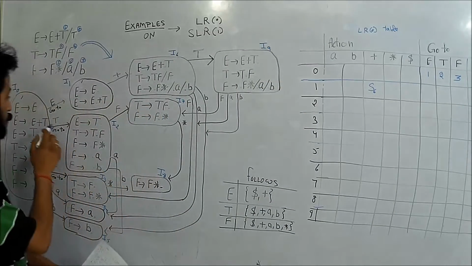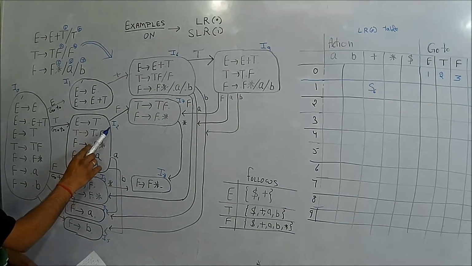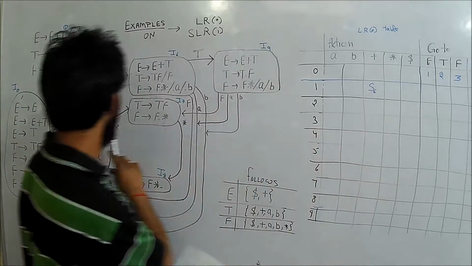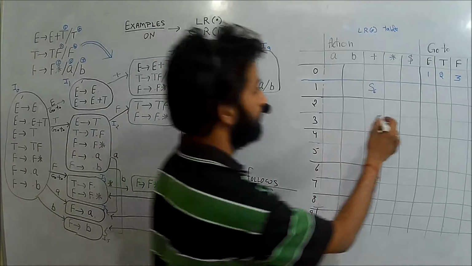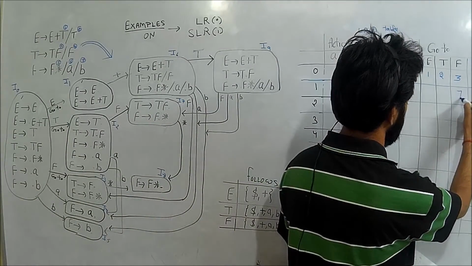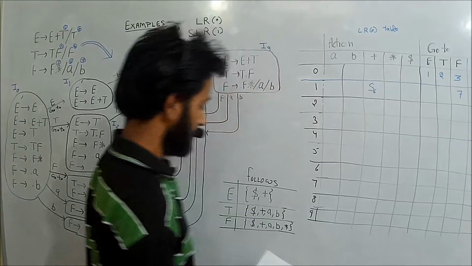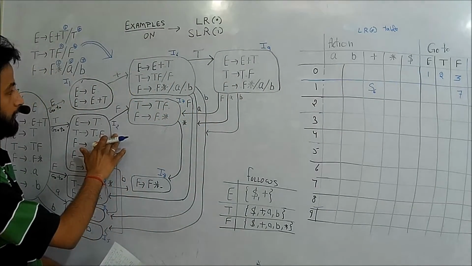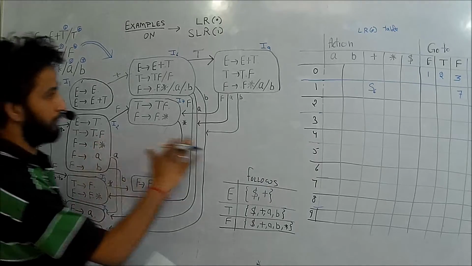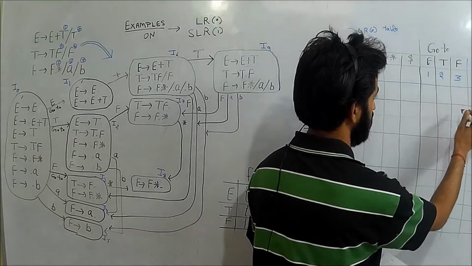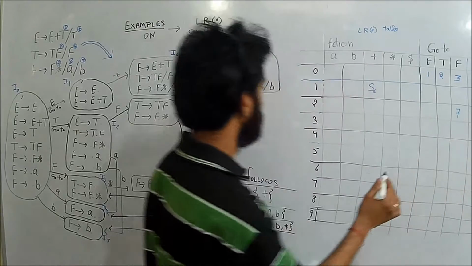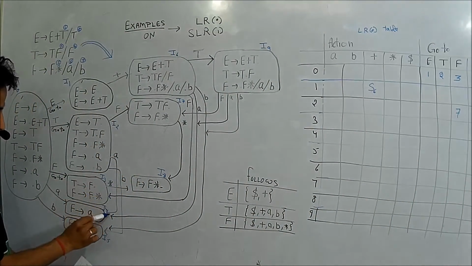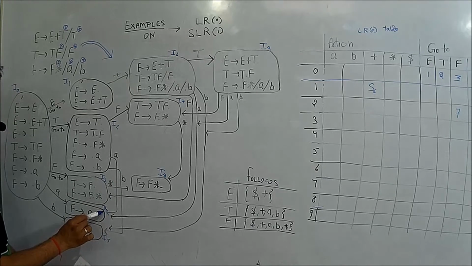So in case of I2, which is this one, I2 by taking star will go to I7, so 7 will be mentioned here. Okay. So next I0 by taking terminal a will go to I4. So this is action part.